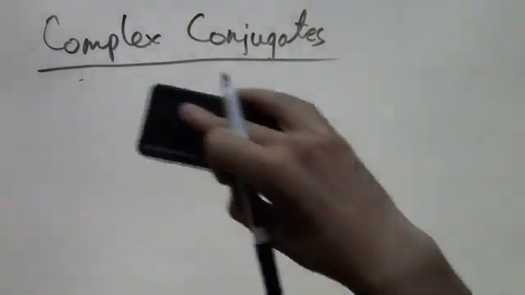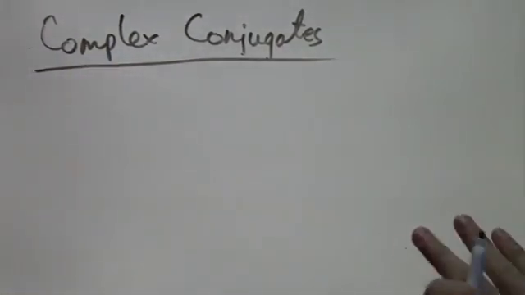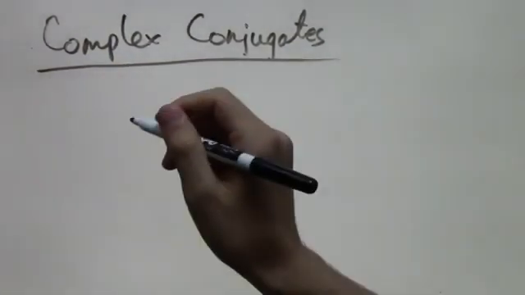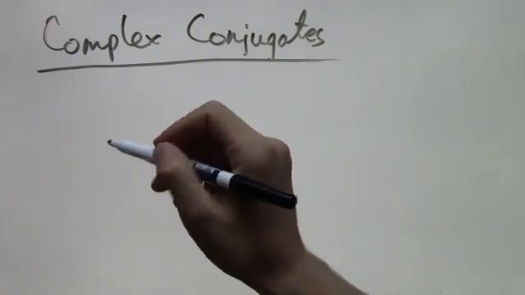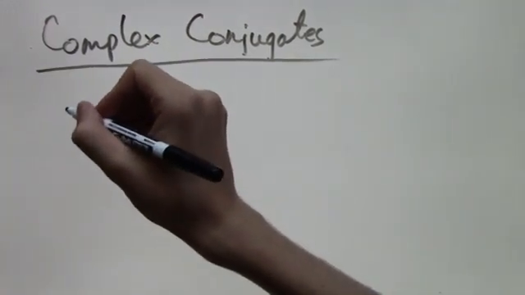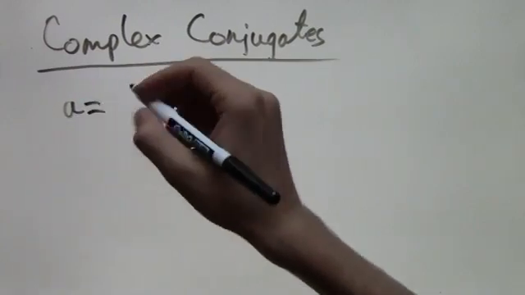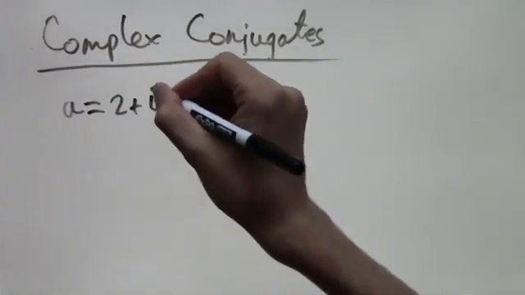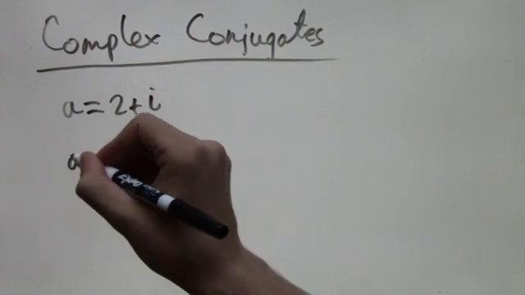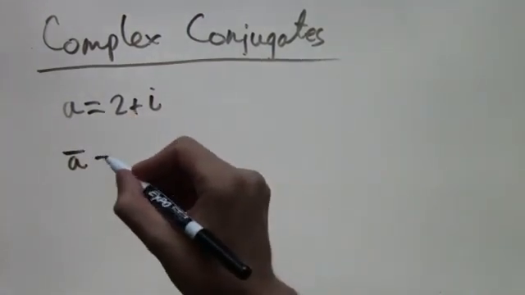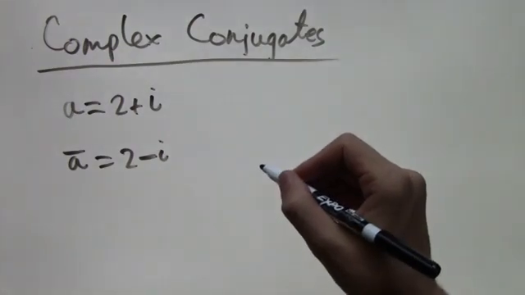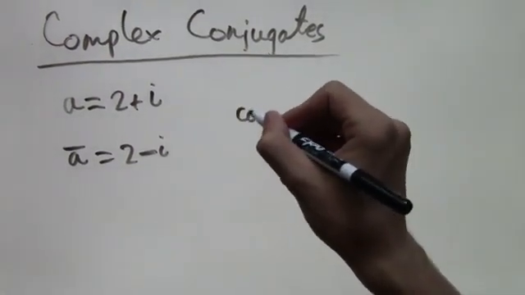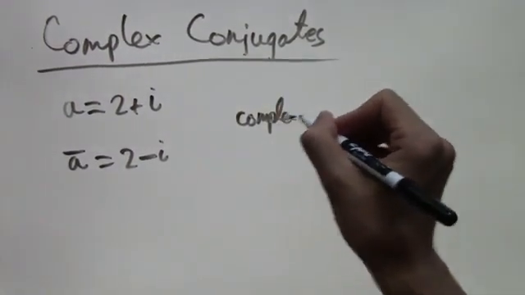Alright, so now some more facts about complex conjugates. First of all, complex conjugates are denoted with a bar. So let's say you have A equals 2 plus I. A bar, the complex conjugate, is 2 minus I. That's just how it's written.